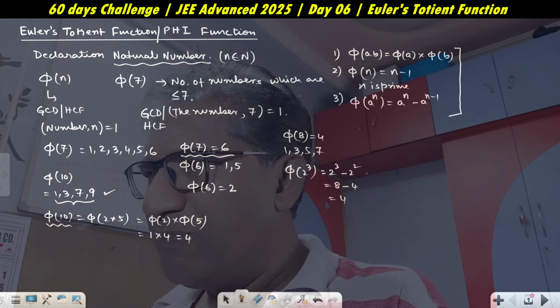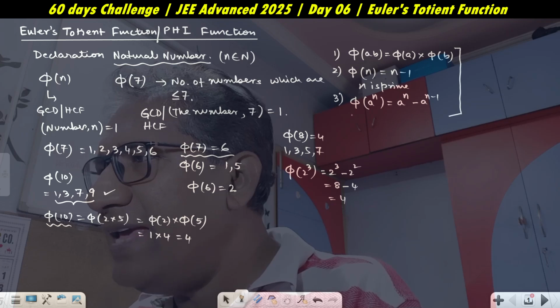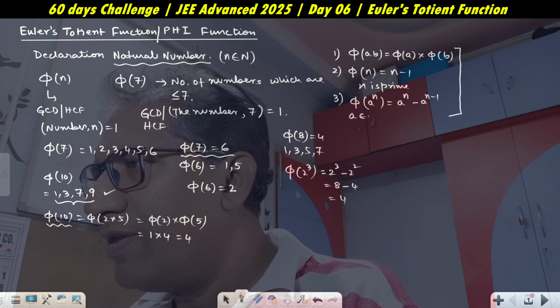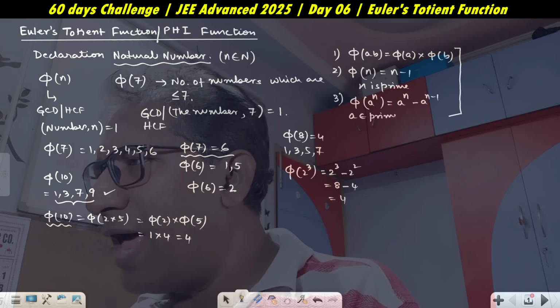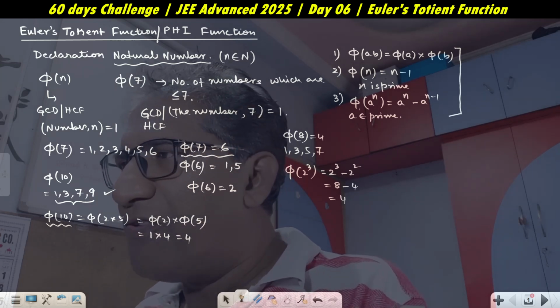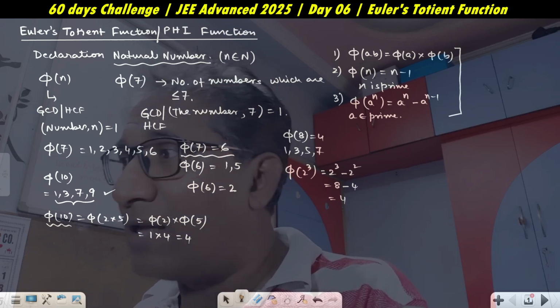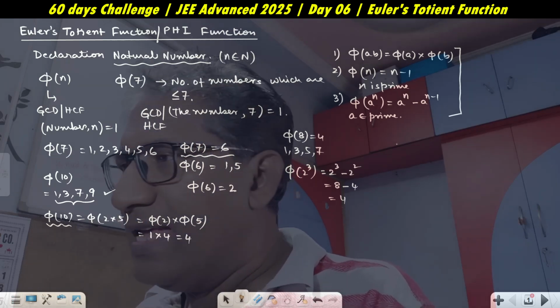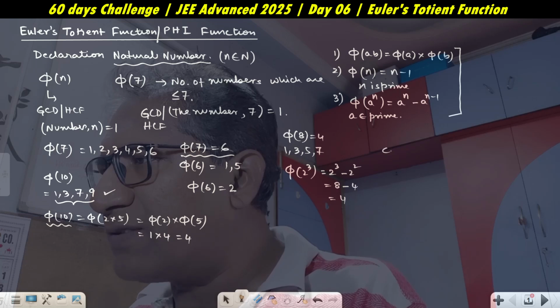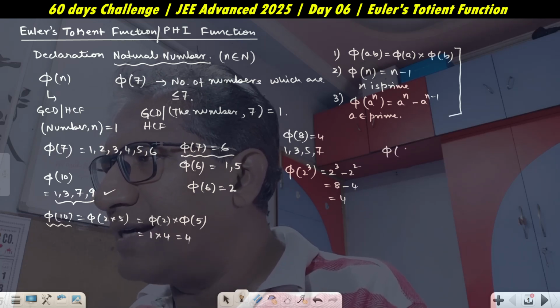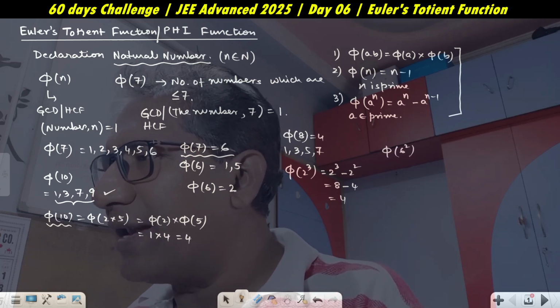Okay. Here a is a prime. A belongs to any prime number. Phi of a to the power n, a is always a prime. Otherwise this formula will not hold. If I say, what is phi of, let us say, 6 square?